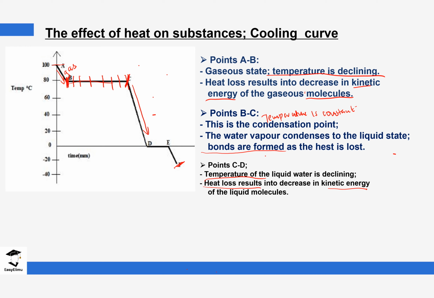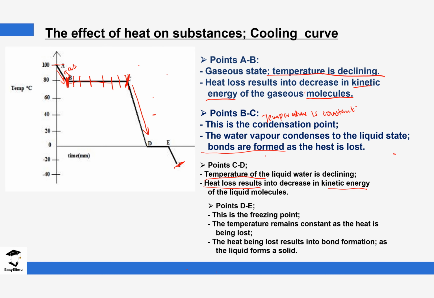There's not enough energy in these particles. The particles are losing energy, so they can't move as fast as they were moving before. The movement decreases gradually. If they were close together, they start coming even closer. So you see the energy has reduced. Remember, temperature affects the kinetic energy.